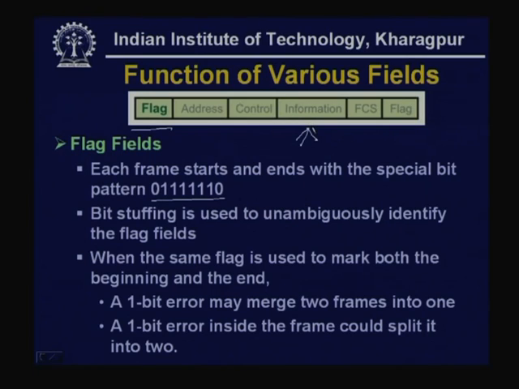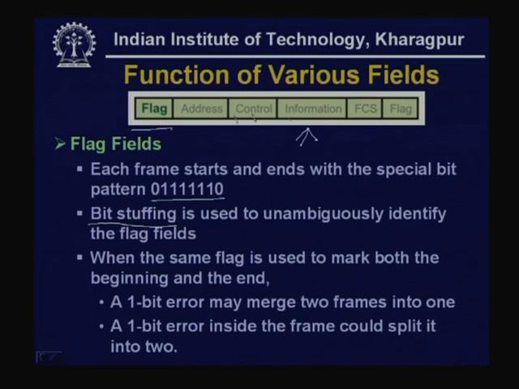As a consequence, this will divide a single frame into 2 frames. This problem has to be avoided, and that is done by using bit stuffing, as we shall see, so that there is data transparency to unambiguously identify flag fields. So, the flag fields should not be present in the information bits. We shall discuss it in more detail.